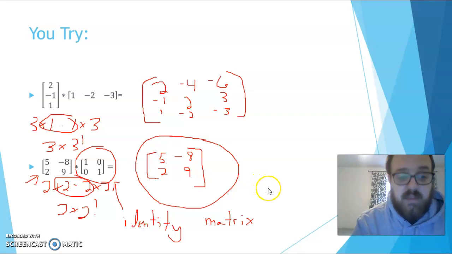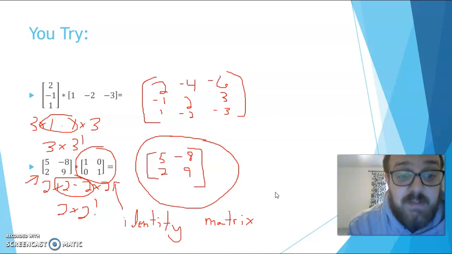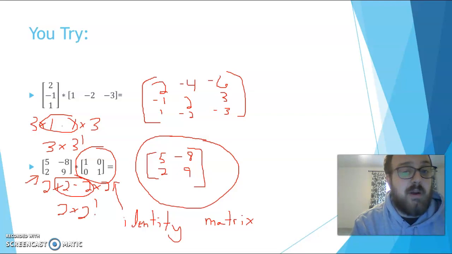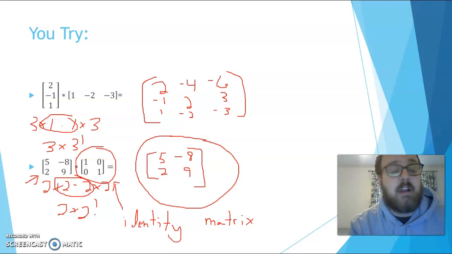So in this case, I multiplied that matrix by these ones and zeros, and I got the same matrix again. It's acting kind of like a 1 does in our normal multiplication. You also may recognize that we've seen a matrix with 1s in the diagonal and zeros everywhere else before. Those two things might be connected. I don't know. We'll have to see that later.